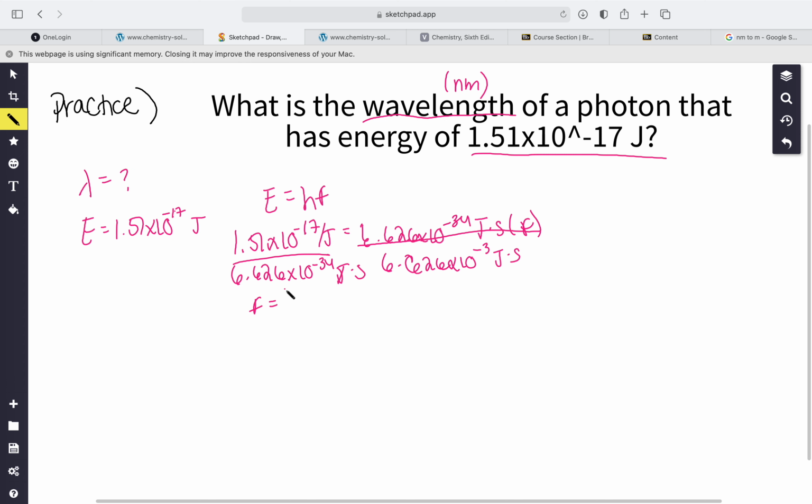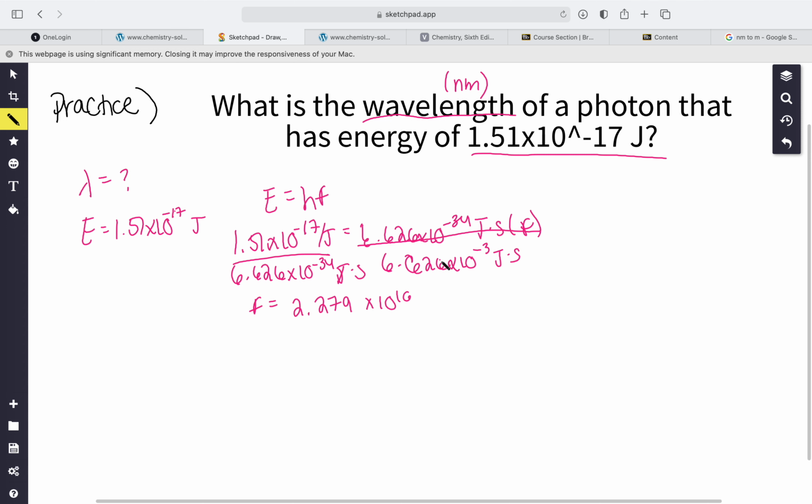So we got 1.51 times 10 to the negative 17. We're going to divide that by 6.626 times 10 to the negative 34. That is going to equal 2.279 times 10 to the 16.